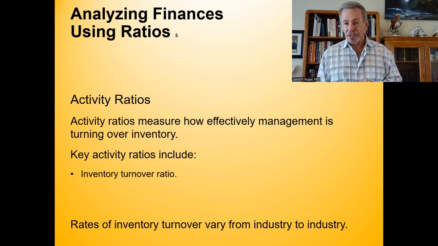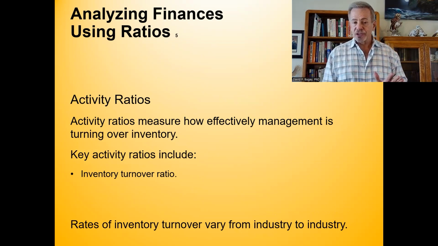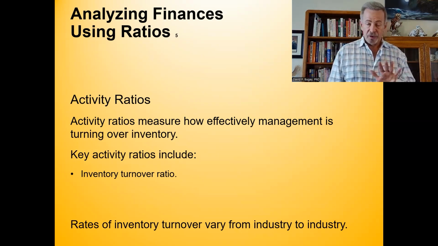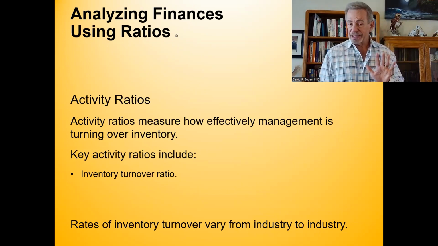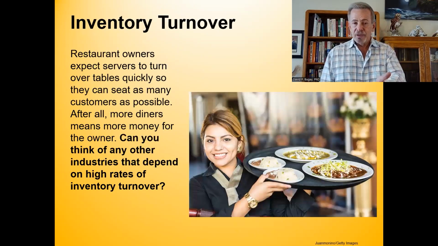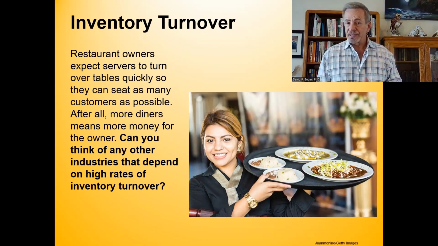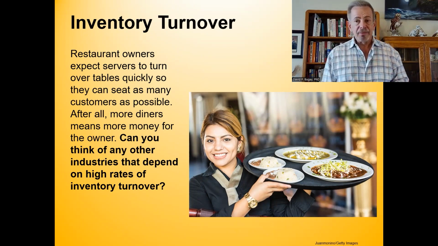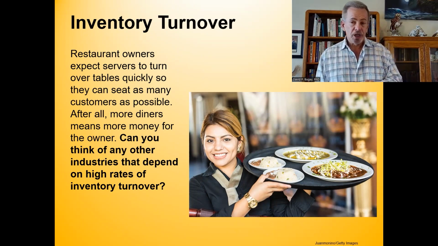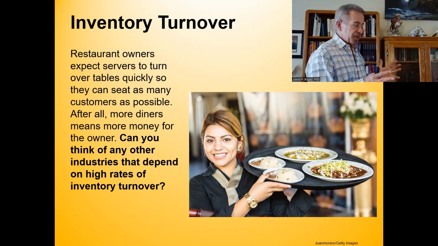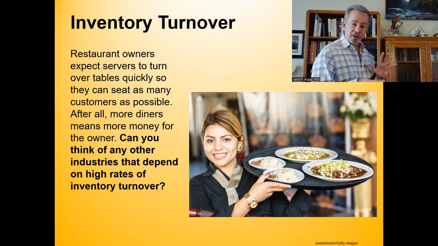And then one of the key ones you always pay attention to is the activity ratio, which is how effectively management is doing in turning over the inventory. It's about supply chain management. Here, you see this gal, she's a wait staff member inside of a restaurant. It's critical for her that she has really good turnover. Now, not so much about food. For her, it's going to be a matter of this person over here occupying a table in her section.